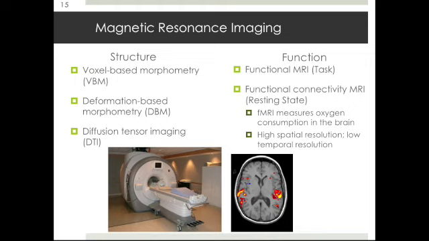You can identify changes in activity at millimeter-level spatial resolution in the brain, because you can tune your voxel sizes to be as small as you like. You can have 2 by 2 by 2 millimeter voxels, and so you can visualize activity at a much better spatial resolution compared to EEG, for example.